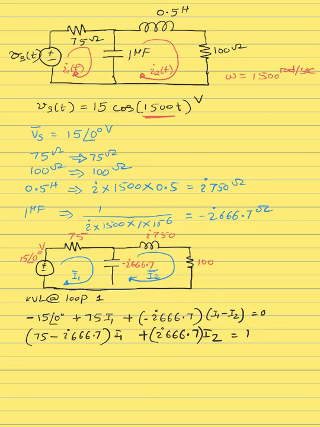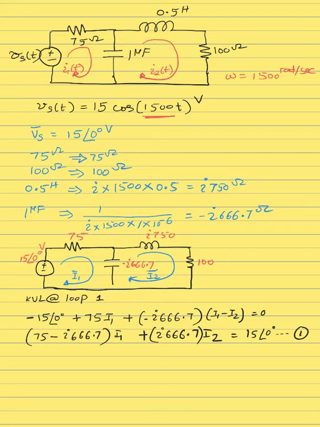And the constant term goes to the other side, so 15 at an angle of 0 degrees becomes positive. So let's say this is your equation number 1. Okay, is everybody okay so far? So that's your equation number 1. Did I make any mistake, or looks like we're okay? Yeah, so looks like we're okay.